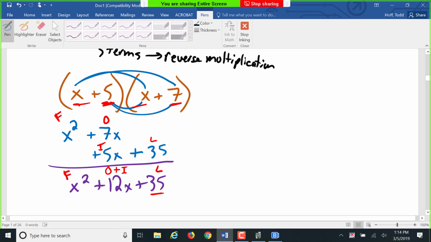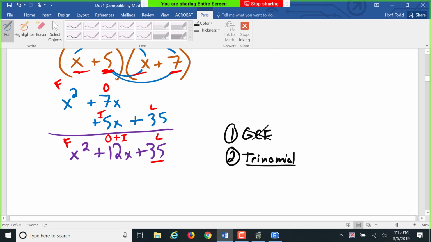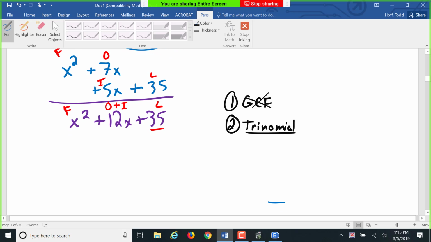So if I'm asked to factor a polynomial, and I have something like this, a trinomial with no GCF, remember the first thing I always look for is a greatest common factor. There isn't one here. So the second thing is, if it's a trinomial, 3 terms, I try to do reverse multiplication, or sometimes known as FOIL in reverse.